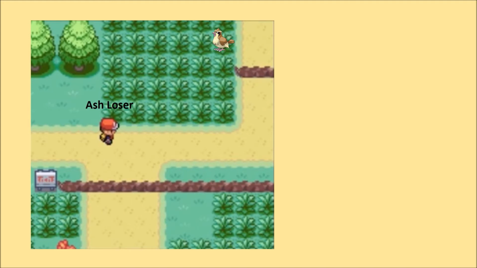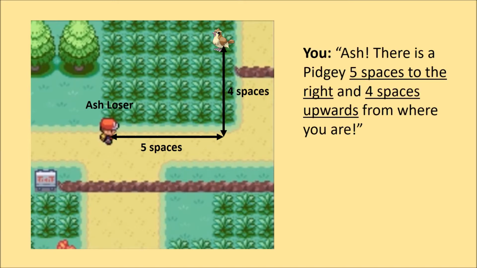You want to tell your friend Ash, who loves to collect PG, that there's a PG over there. You notice that the PG is 5 spaces to the right of Ash and 4 spaces upwards. So how can you tell Ash where the PG is? Well, you can simply shout, Ash, there's a PG 5 spaces to the right and 4 spaces upwards from where you are.